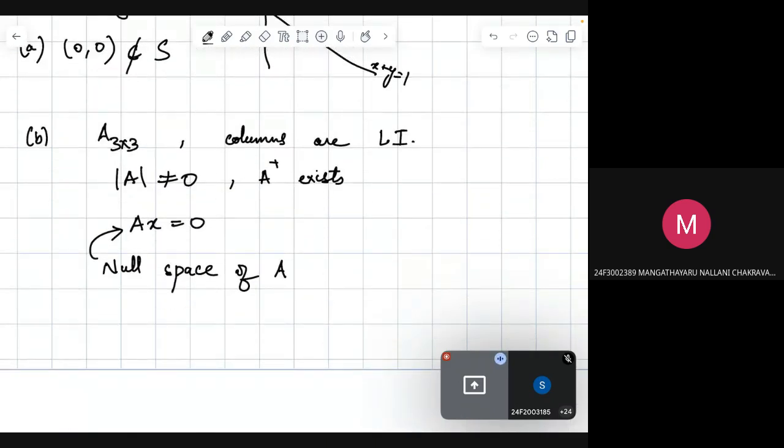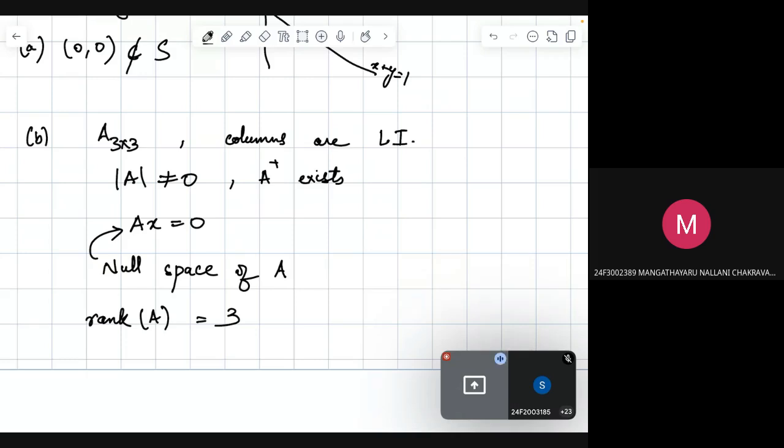Now, the columns of A are linearly independent, which means that rank of A is 3. Why 3? Because A is a 3 by 3 matrix. So rank of A is 3. And we want to find the dimension of null space.